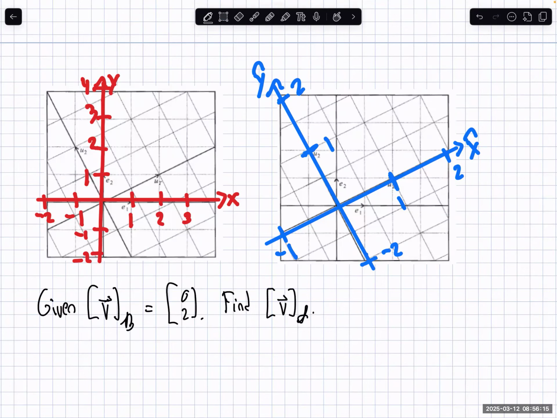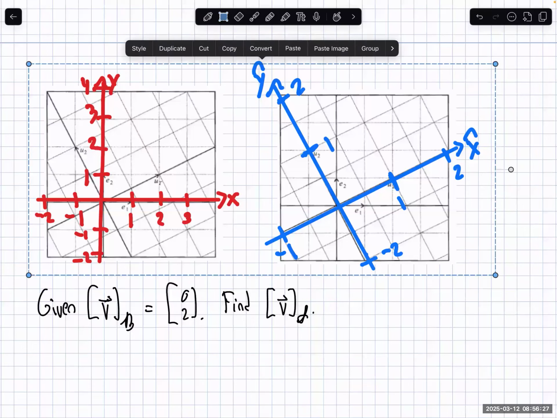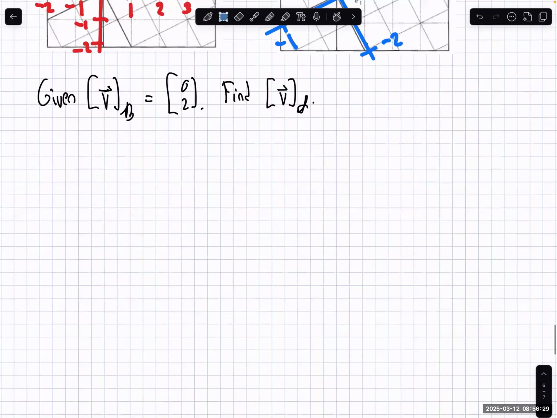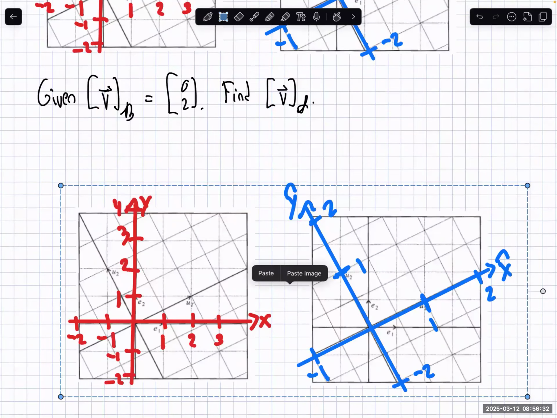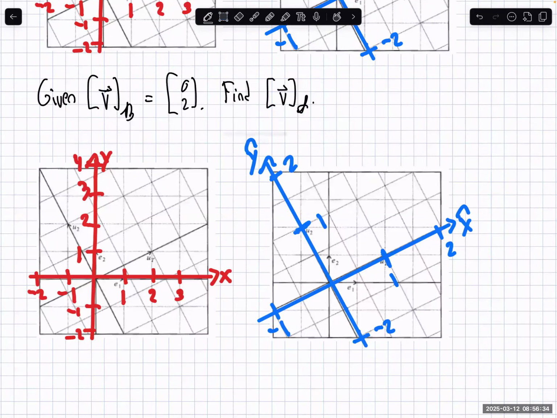Okay, so the coordinates of v relative to B are 0, 2. We want to find the coordinates relative to S. Okay, so let's draw the picture. Our v is, we go up here to 0, 2.